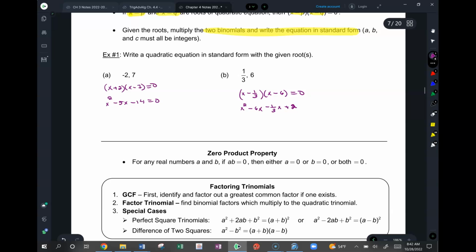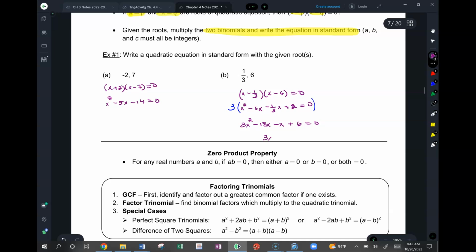Equal to 0. Okay, now that fraction, right, it's still there, which I don't like. I want to get rid of it. So how can I get rid of it? Multiply through by 3, right? So you can multiply the whole thing by 3, and I get 3x squared minus 18x minus x plus 6 equal to 0.